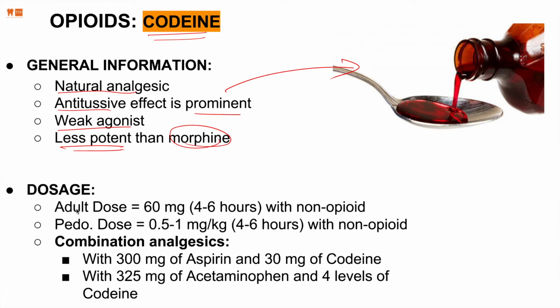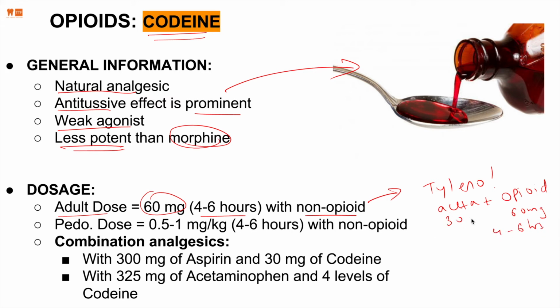In dosages, in adults, we have 60 milligrams every 4 to 6 hours with a non-opioid combination. Guess what this means? This is Tylenol, guys, right? Non-opioid is acetaminophen and then the opioid itself with a 60 milligram dose at 4 to 6 hours, right?